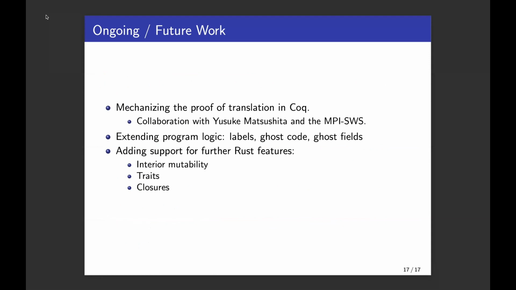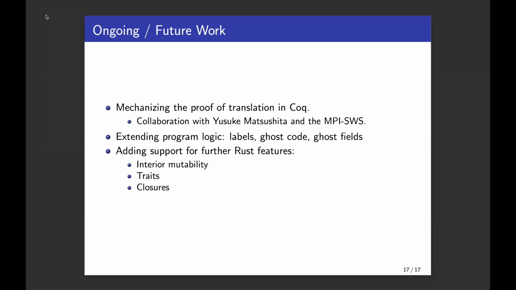So as I was saying, we can verify semi-non-trivial programs involving pointers, but there's a lot of work that remains to be done. The project is still sort of just beginning. So our current work and future directions are both. As I was mentioning a little bit earlier, we're giving a new proof for the core translation of Creusot and that of RustHorn in collaboration with one of RustHorn's core authors, Yusuke Matsushita, and the MPI-SWS at Saarbrücken.